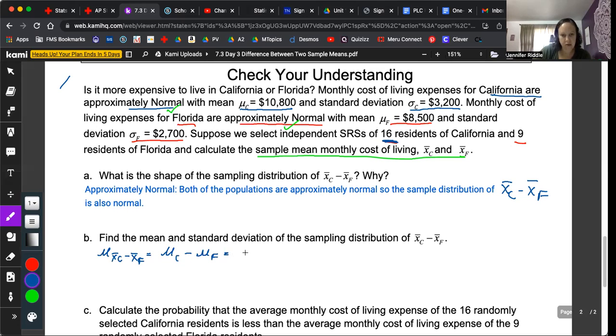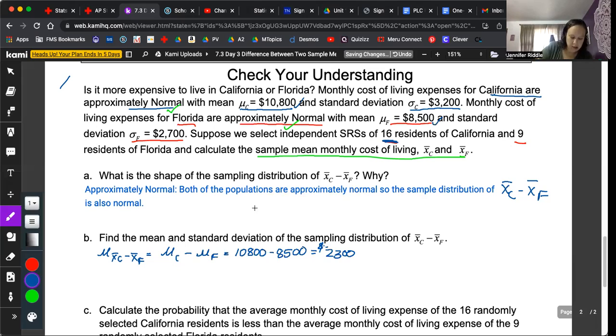Plugging in those numbers, 10,800 minus 8,500, we get $2,300. I just pulled those straight from the problem up here.